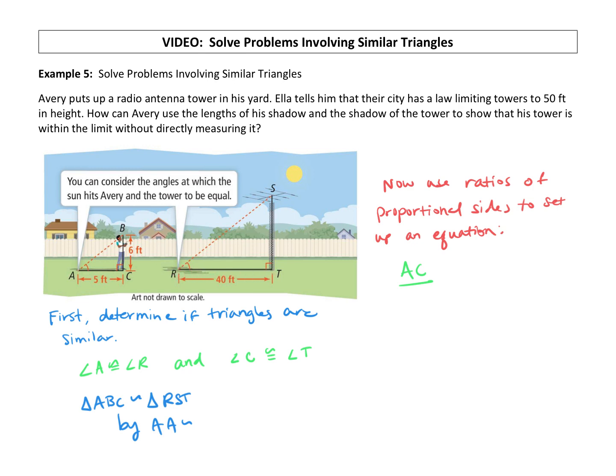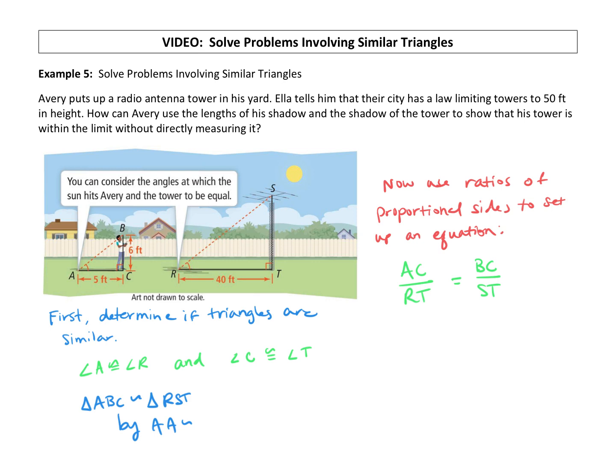So AC over RT, and then we can set that equal to, because we know that our triangles are similar, so all of these proportions will be the same, let's pick another side from the smaller triangle over here, because we started with AC, now we can say side BC over side ST. So that is the structure that we're going to follow to solve for what we're looking for.